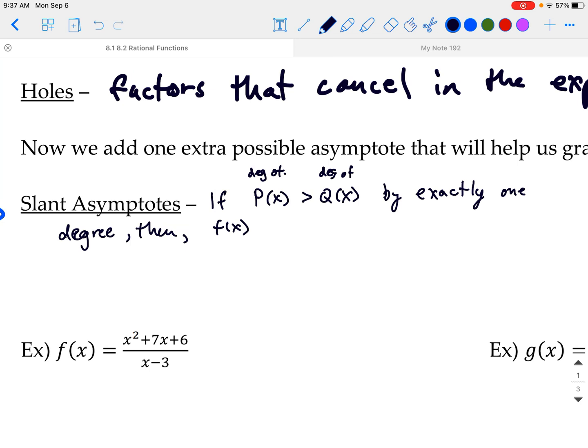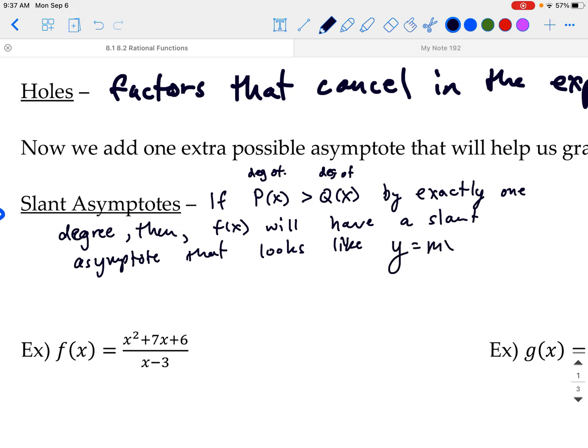Then f of x will have a slant asymptote that looks like y equals mx plus b.